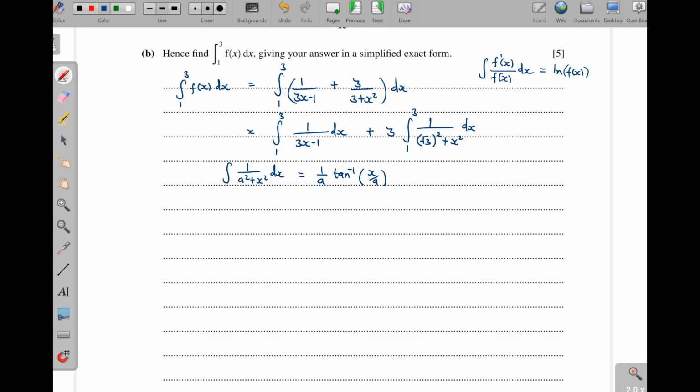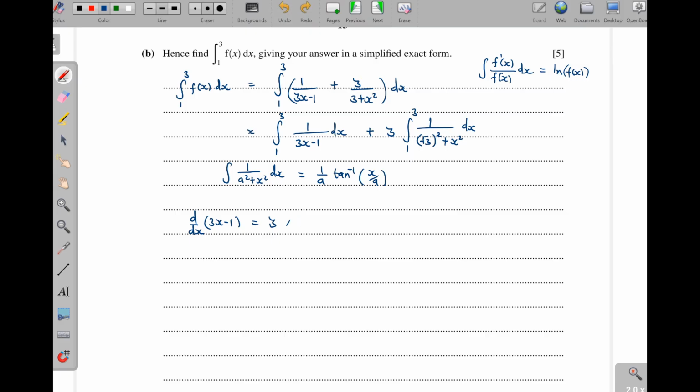But when we differentiate the 3x minus 1, we are getting a 3. But here we are seeing a 1. So how do you convert this 3 to a 1? You multiply it by a third. So this operation you have done on your derivative is what you are going to write as the multiple of the natural log of your denominator.